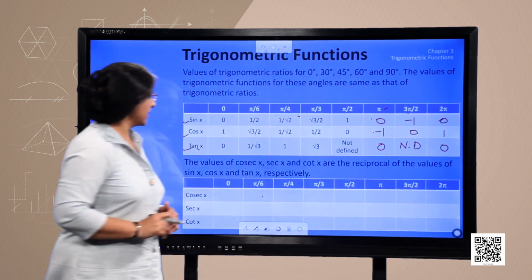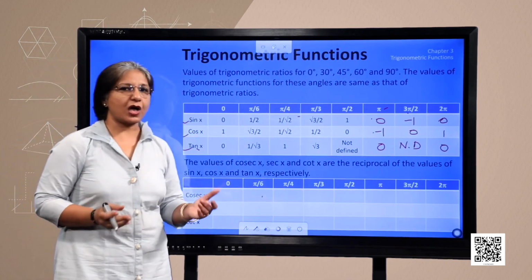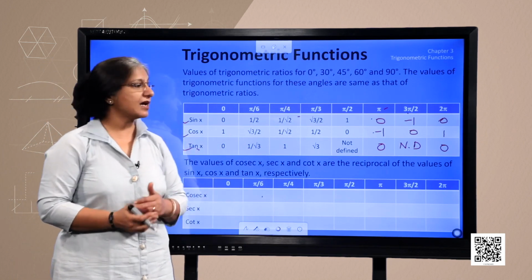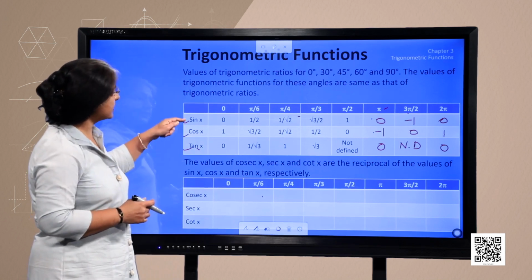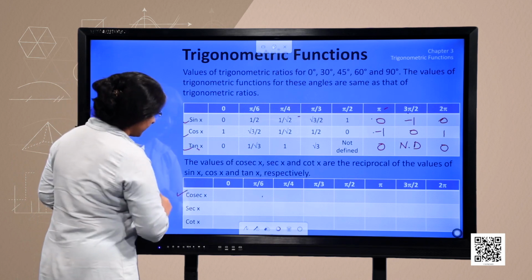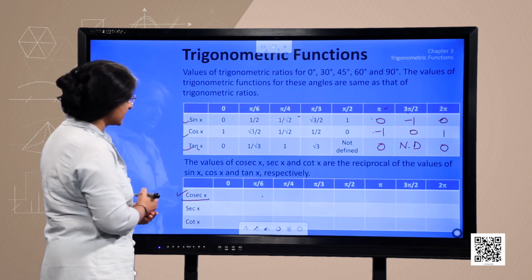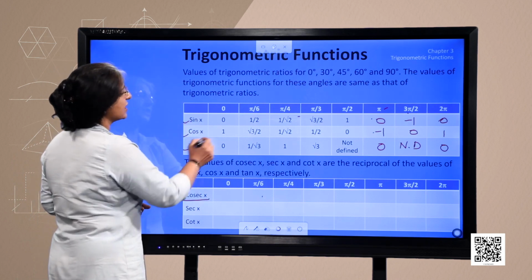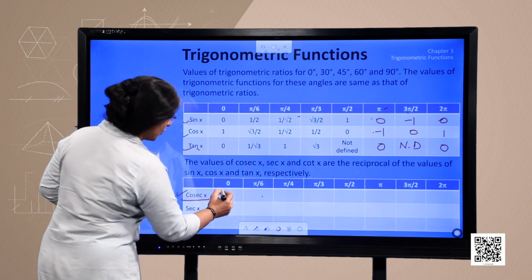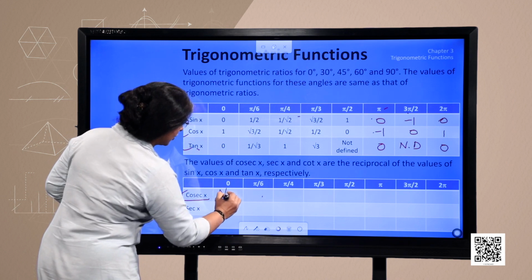Similarly, you can find the values of cosec, secant and cot x because they are reciprocals of sine, cos and tangent. Let us do one. We will find the values of cosec x as reciprocal of sine x. So, reciprocal of 0 is 1 upon 0, which is not defined.